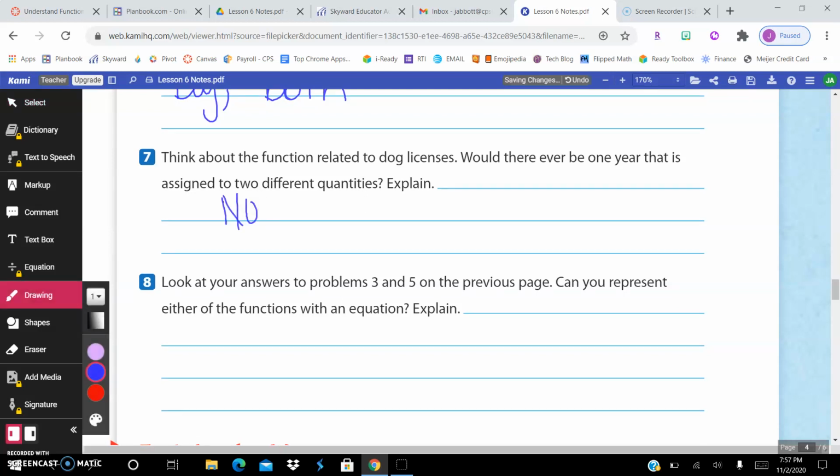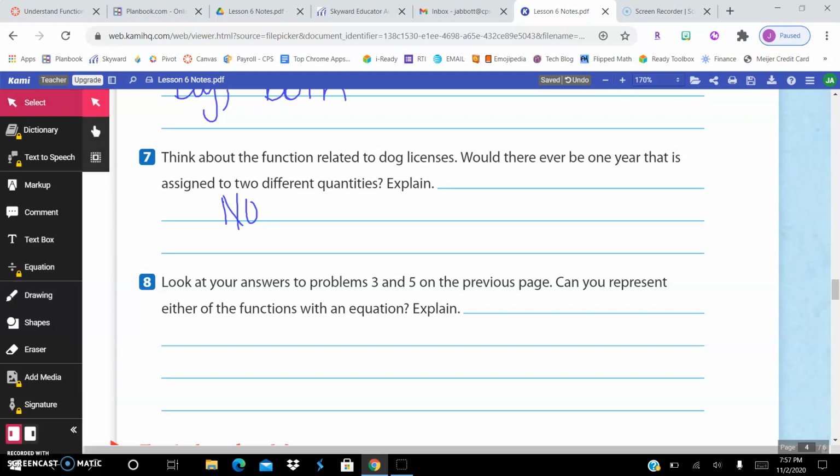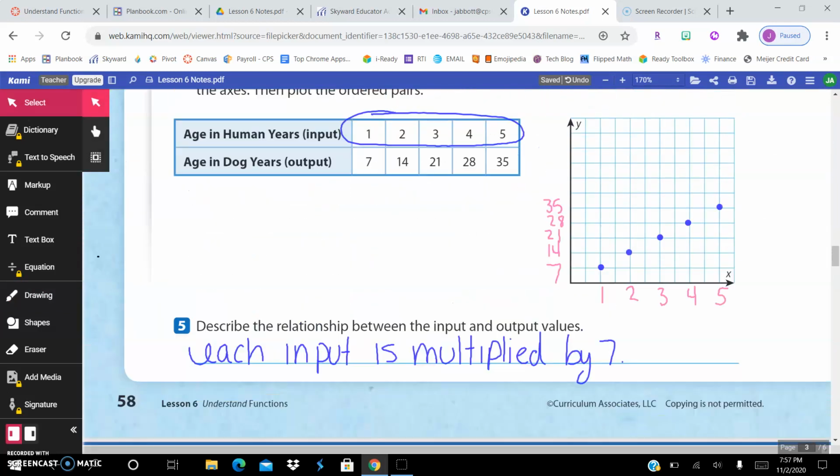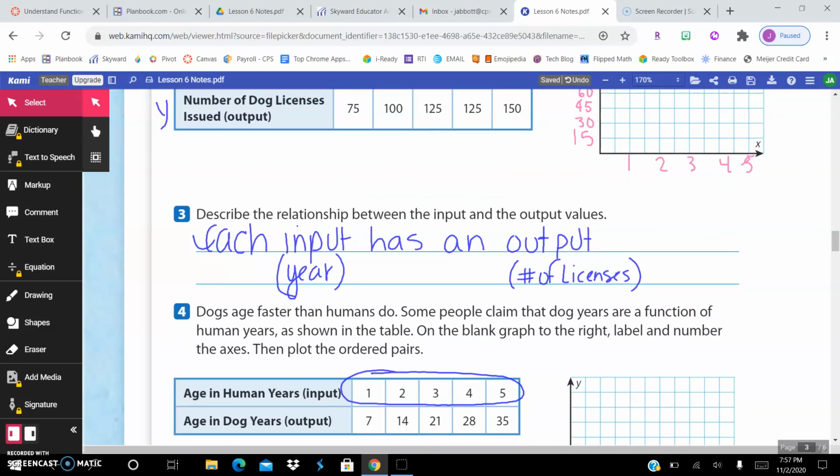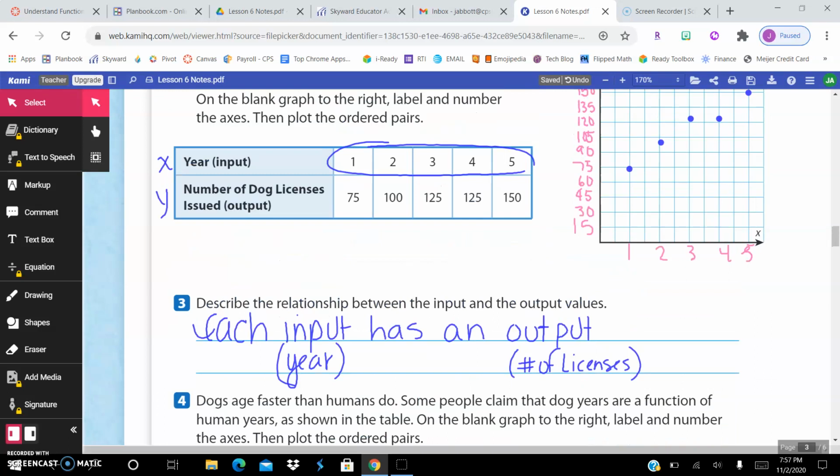And then look at your answers to problems 3 and 5 on the previous page. Can you represent either of the functions with an equation? So if you go back here, we kind of talked about it. This one, each value was multiplied by 7. So that one could be. This one up here, we're adding 25 and then it stops. We add nothing and then we add 25 again.